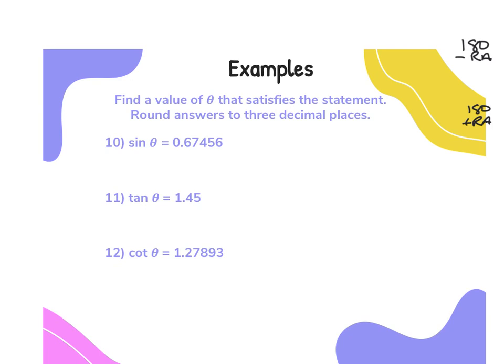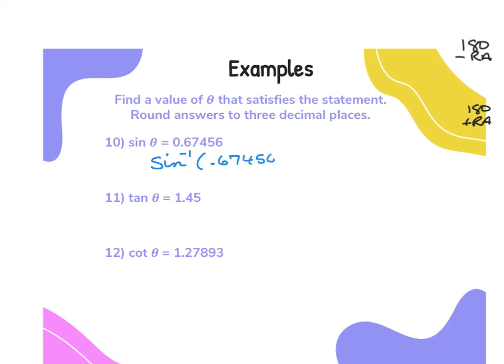It wants me to do sine, and we want to find what angle measures would give us this answer. So what we're going to do here, when we're always looking for an angle measure, that's when we're going to do the second key. So we're going to be keying in sine -1, and then we're going to put in this decimal.